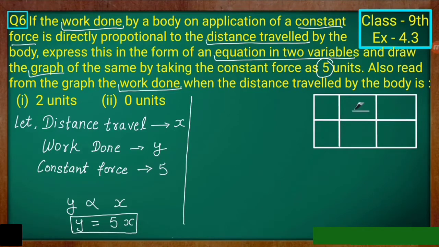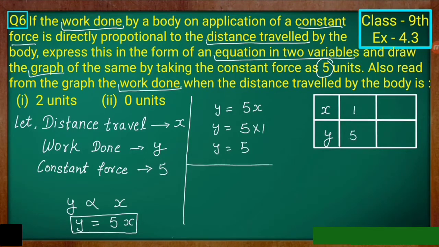So let's solve it. x, y. If x is 1, then the value of y is 5 into 1, it's 5. So y is 5 because y equal to 5x here.